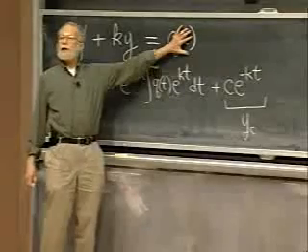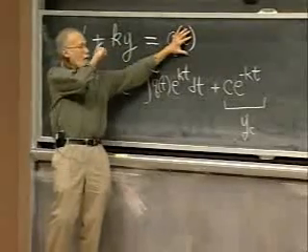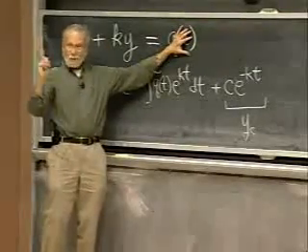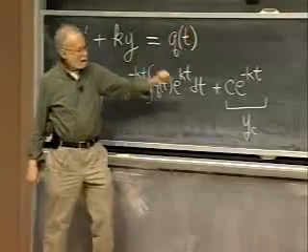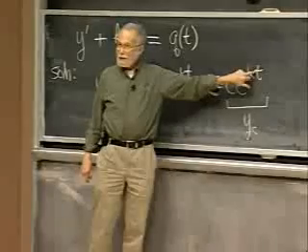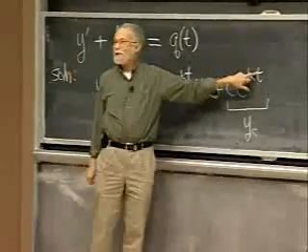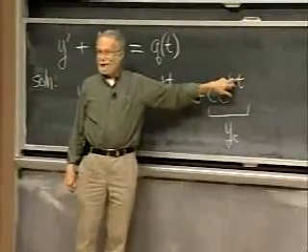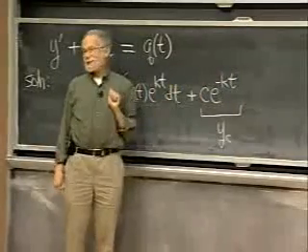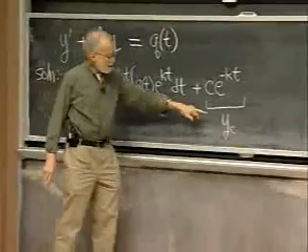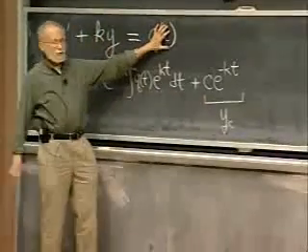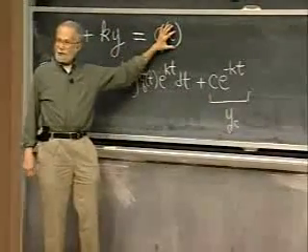Put 0 here. If you put 0 there, what's the solution? Now, this you ought to know by now. Y prime equals negative ky. What's the solution? E to the negative kt. You're supposed to come into this course knowing that. Except there's an arbitrary constant in front. So, right, this is exactly the solution to the associated homogeneous equation where there's 0 here.